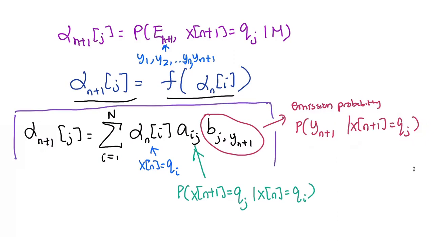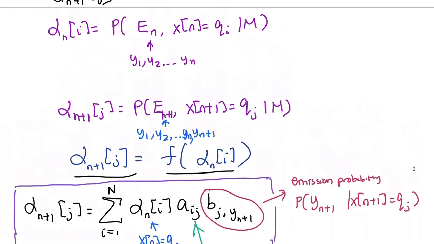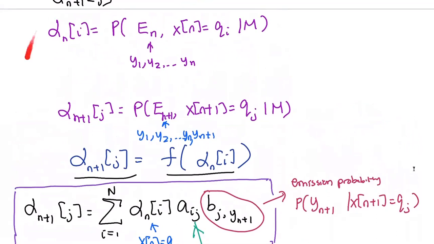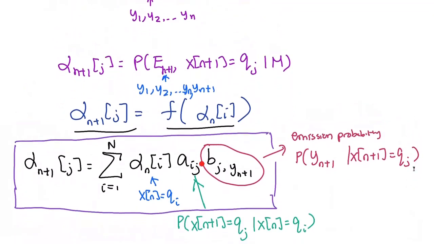Again, you can go through the derivation, and it's not too difficult. The notation becomes very hairy, but you can look at the form and have an intuition that it has all the elements you need. And of course, I know the state transition probability and the state emission probability because I know the model, right?